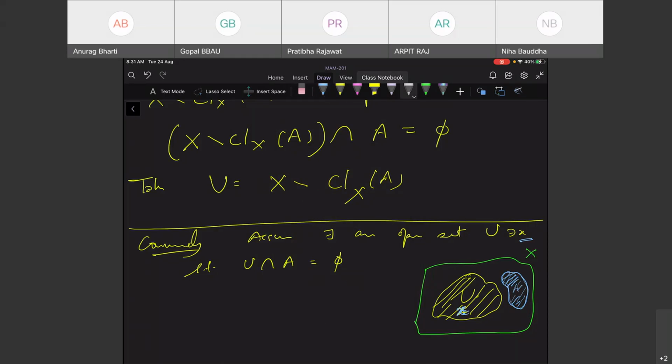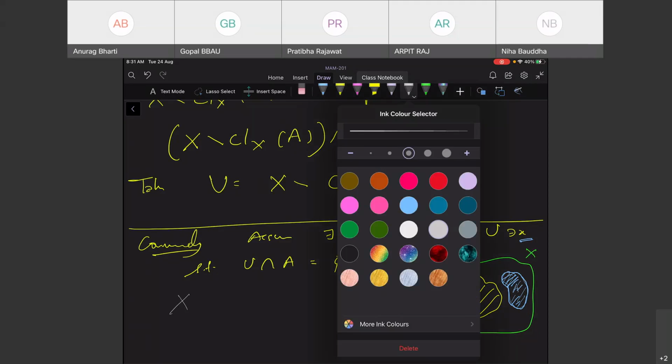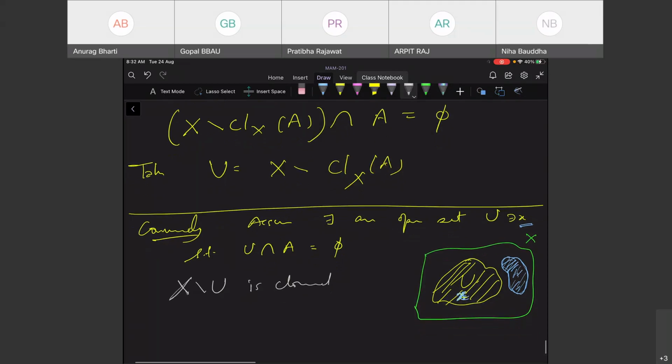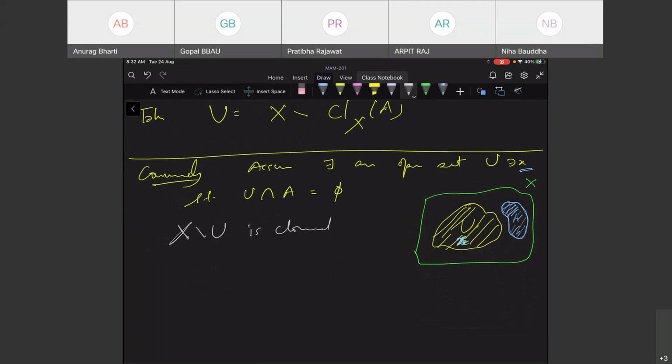Now take the complement of U, X minus U. Pratibha, tell us what kind of set X minus U will be. Closed set. Yes, closed set. X minus U is closed, and in this figure, what is X minus U?